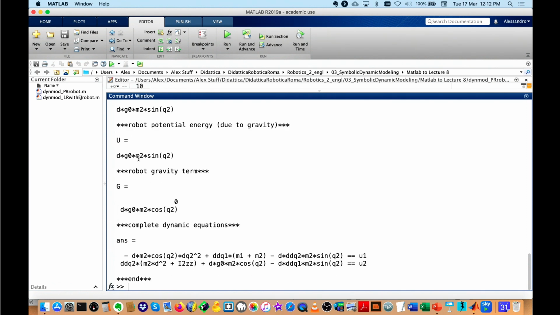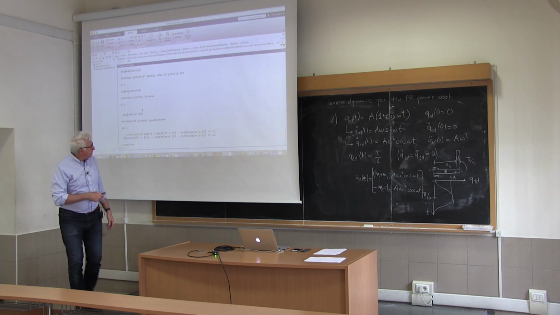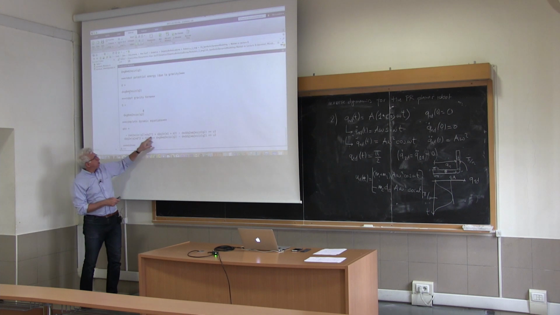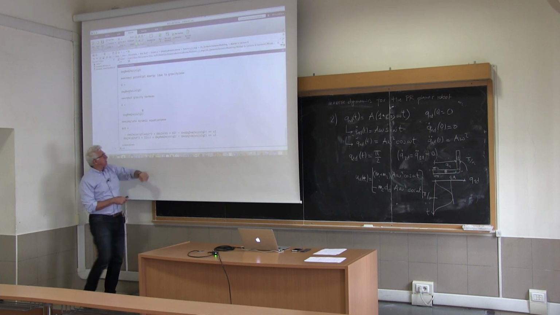So if we put everything together, this is a trick in which I could introduce the expression equal to u1 and u2 at the end. And here you recognize the quadratic terms in the velocity, one element in the inertial terms multiplying the first acceleration, the second element multiplying the second acceleration.